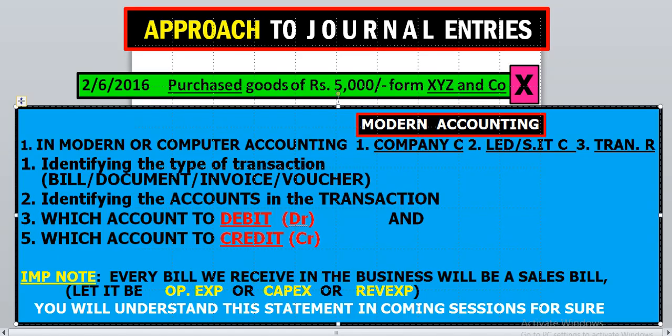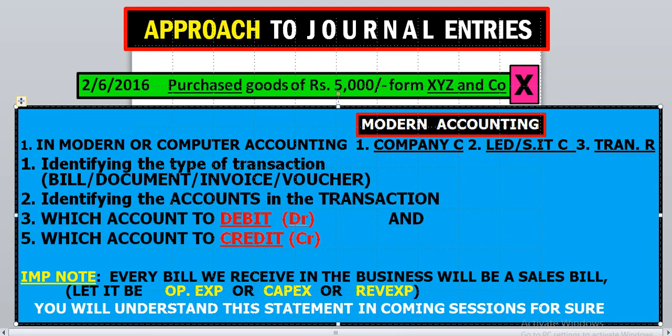It will automatically be done when you record the transaction. The recording and the posting are done simultaneously in some softwares, and in some softwares we have to post the journals to the ledgers.